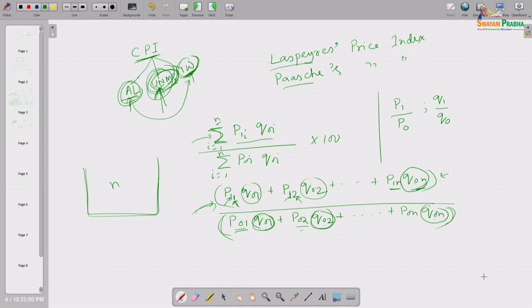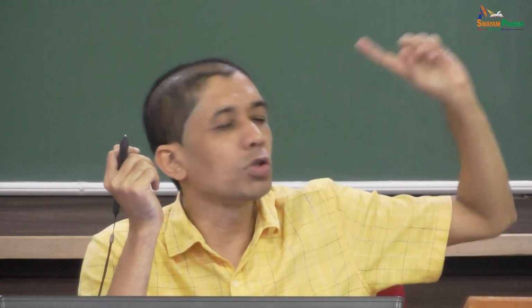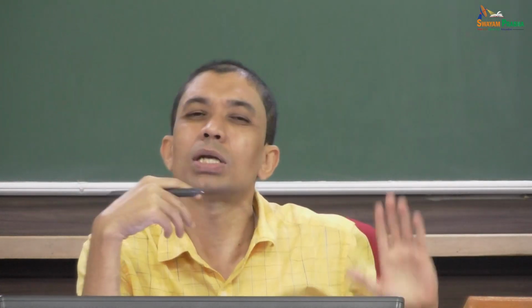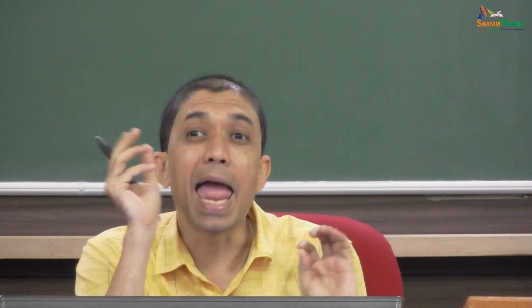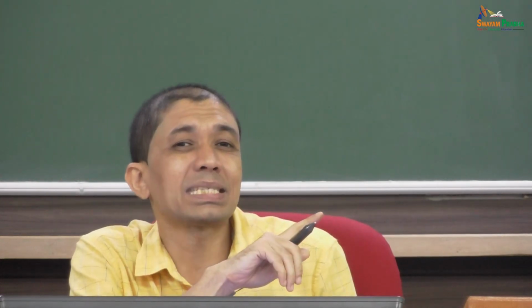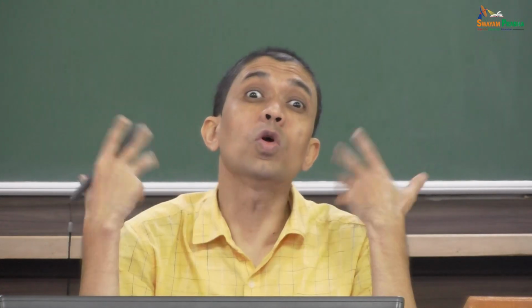So the denominator is the actual consumption expenditure, the total monetary value of the consumption basket in the base period, and the numerator is the expenditure if we purchase the same basket from today's market. That is the ratio of the two expenditures.